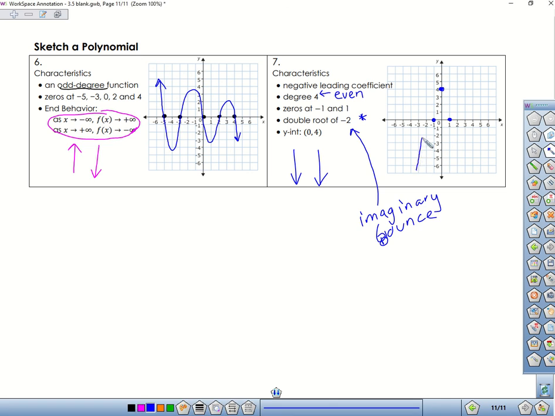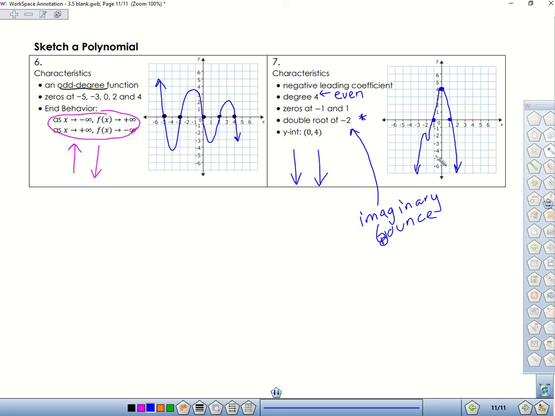So it comes down, and then it gets here, and it changes direction and comes back up like that. You can make that as big and small as you want, but we know that it ends downward like that. So it goes at the 2 and bounces back up. It makes a little bend, like a fake imaginary 0. Just like we talked about, when you have an imaginary 0, it's got that little wave, but it looks like it's going to be a 0, but it's not.